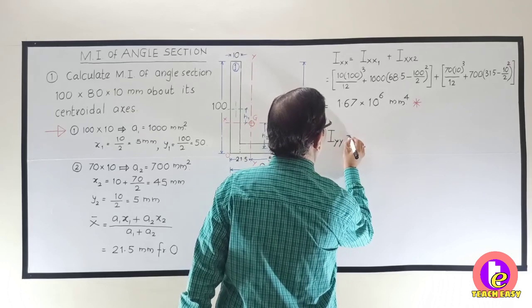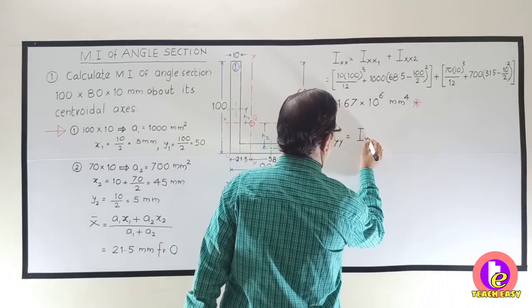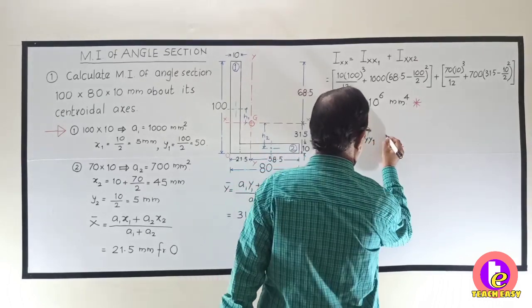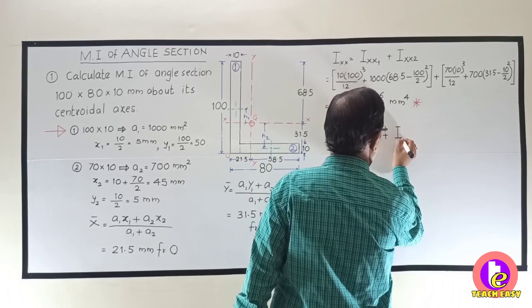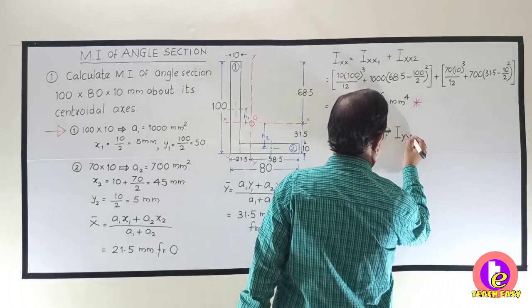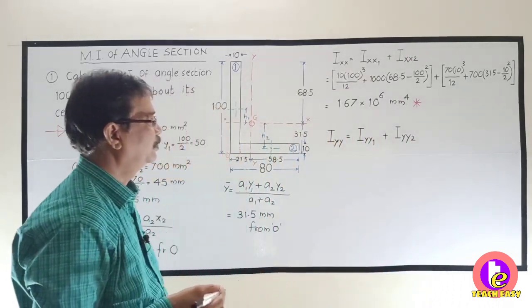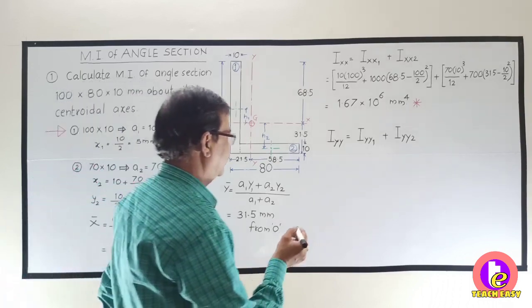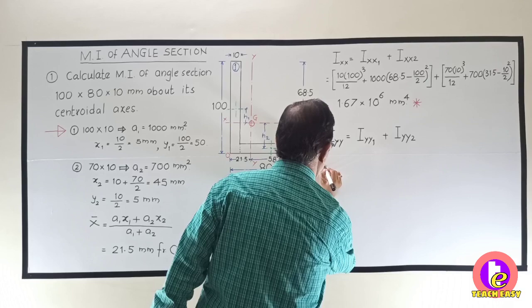IYY is equal to IYY1 plus IYY2. So let us write the steps again.